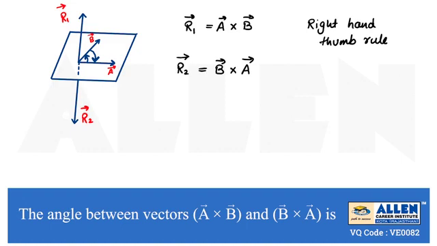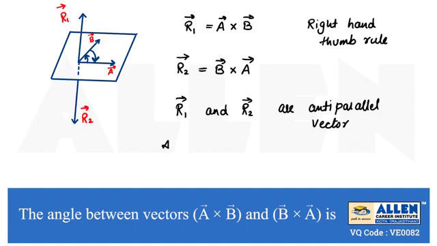Therefore if we want to find the angle between these two vectors, that is r1 vector and r2 vector, we can say these two vectors are anti-parallel vectors, or we can say they are opposite vectors.